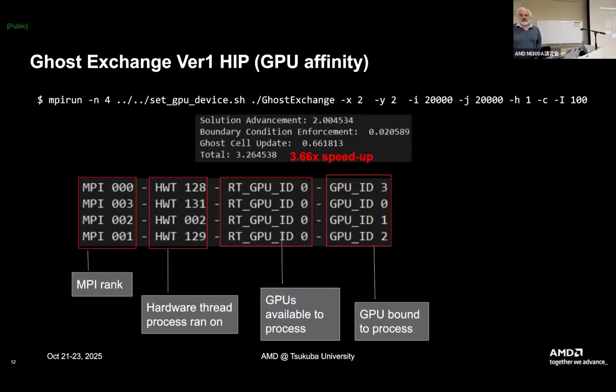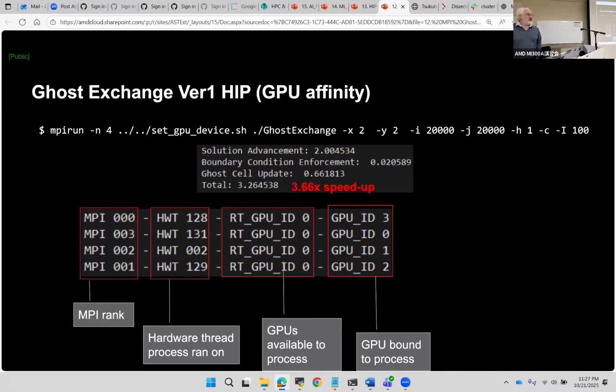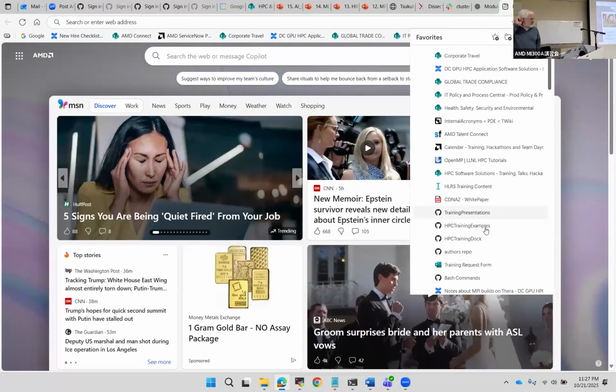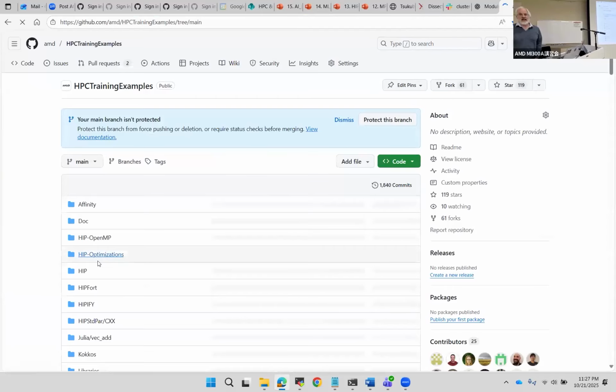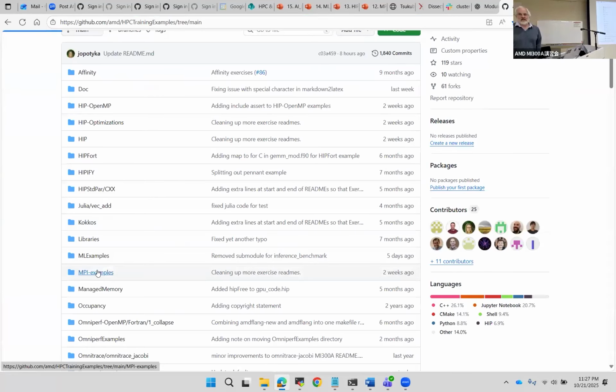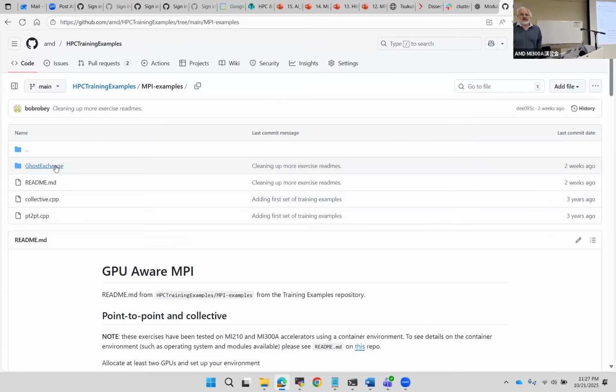So I guess I could look into the script, but this is a very system dependent script, is it? Although I think this one, can you pop up the code? Yeah. So I think this one may be just setting HSA visible devices. Or HIP visible devices.